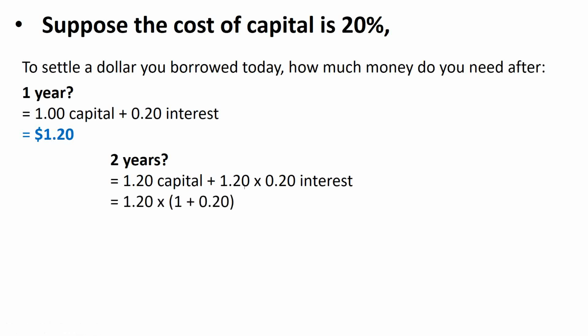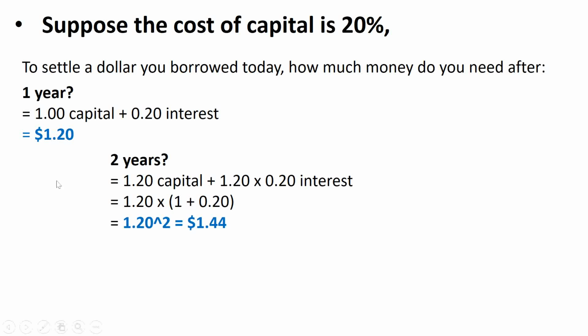So if you pull the $1.20 out, it's 1 here and 20 cents there. And surprisingly, you find that's another $1.20. So that's $1.20 squared. And that's $1.44.